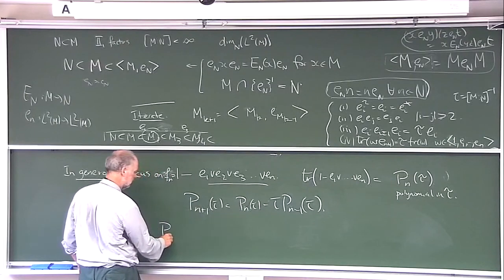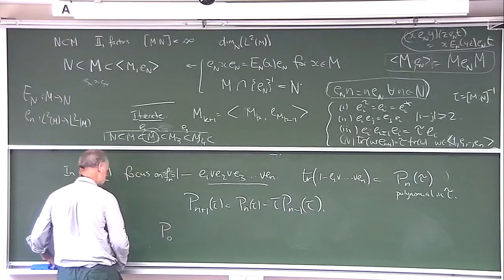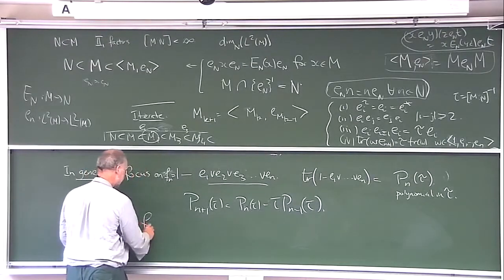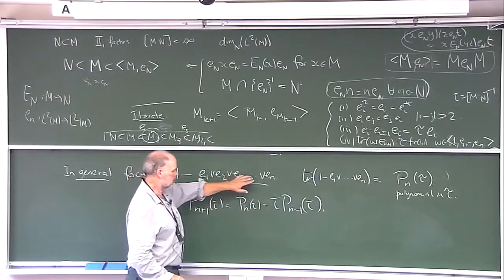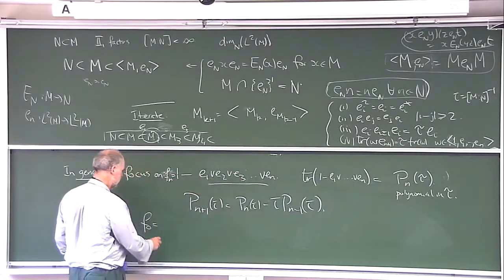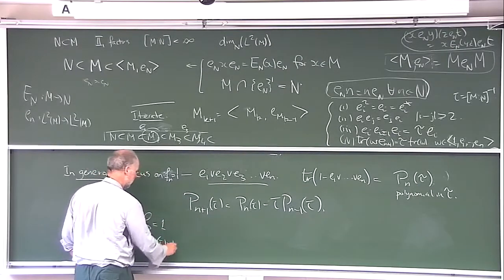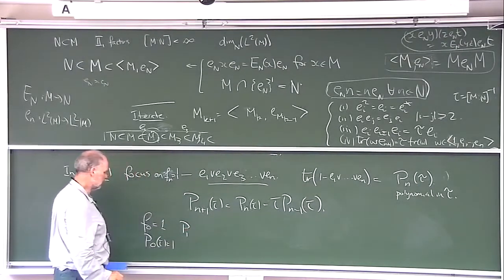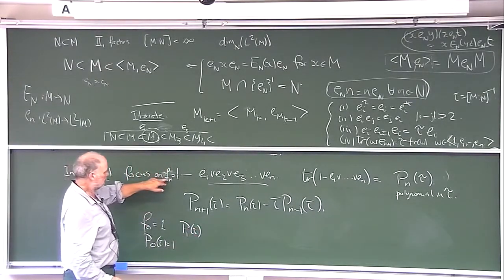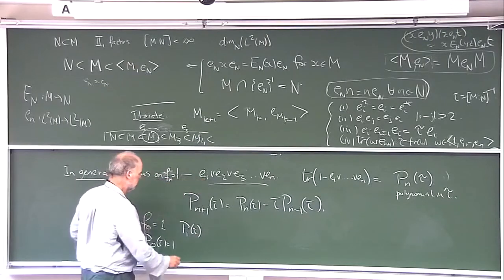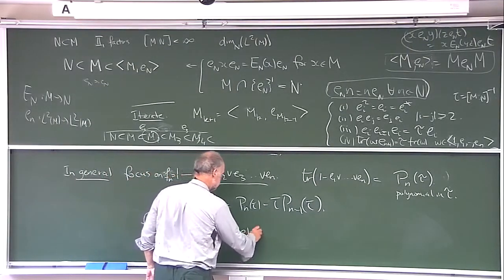Let's start with P0. What's F0? Well, F0, there's no E_i's, so F0 has to be 1. So F0 is 1, so P0(tau) is 1. Now what about P1 of tau? Well, for P1, there's 1 E, so it's the trace of 1 minus E1, which is 1 minus tau.